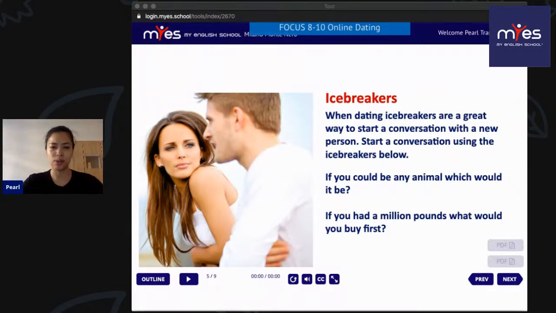Yes, Julia, if you had £1,000,000, what would you buy first, or anyone else? The other four of you, what would you buy if you had £1,000,000? A return flight.